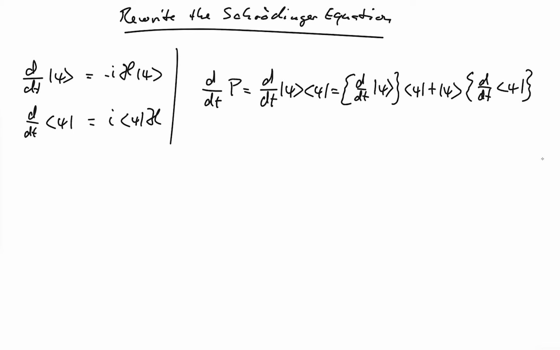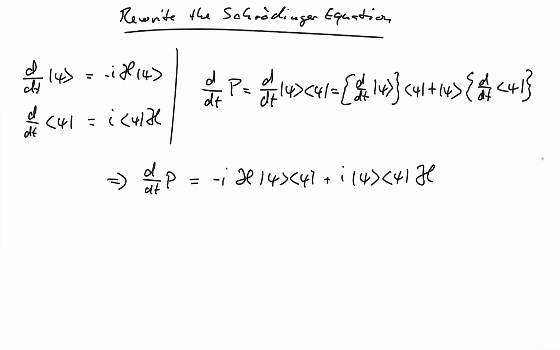So, and now we can put in the equations to the left, and we will end up with d over dt of P equals minus i times the Hamiltonian and psi ket times psi bra plus i psi ket psi bra times the Hamiltonian.